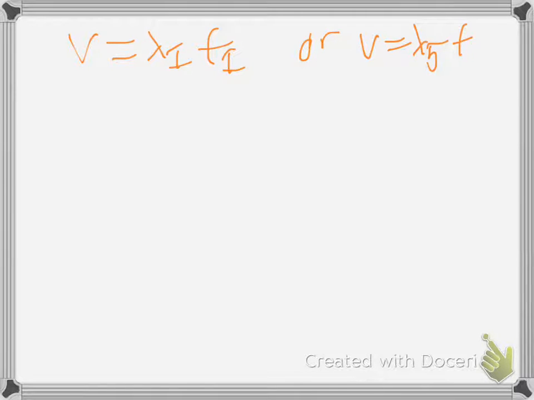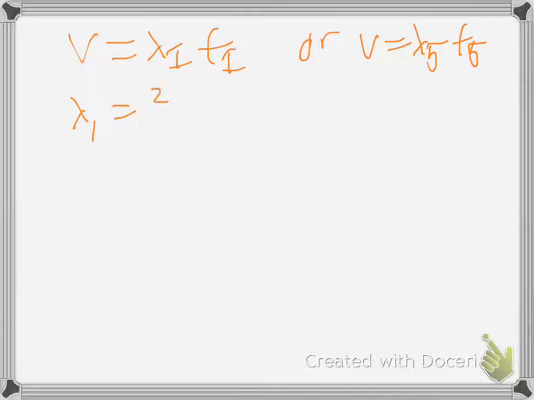In order to find this, we can do either the wavelength of the first mode times the frequency of the first mode, or the fifth, and we're going to get the same answer, so I'll do it both ways. First we need to find what the wavelength is going to be.